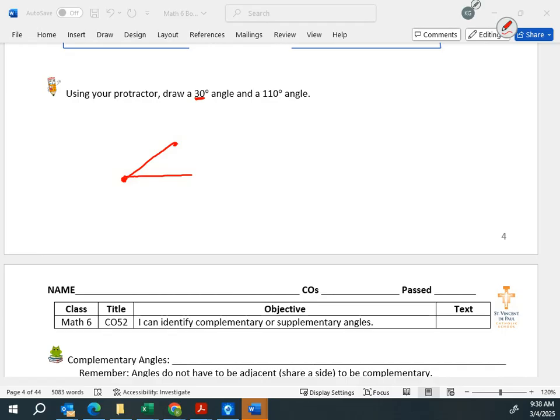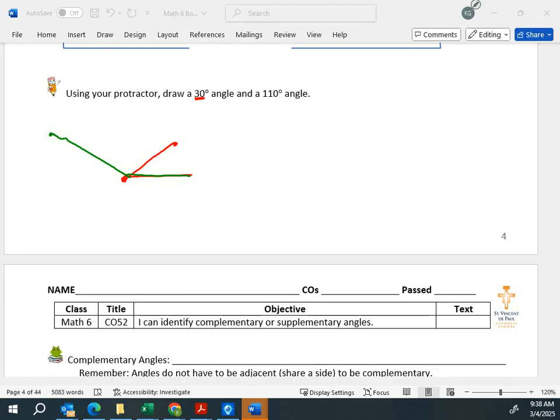If I used the wrong 30, if I used the outside 30, and I connected that dot to my vertex, that's going to be a really big angle. I know I used the wrong side of my protractor. So always look, is it supposed to be acute or obtuse? Did I draw it correctly?